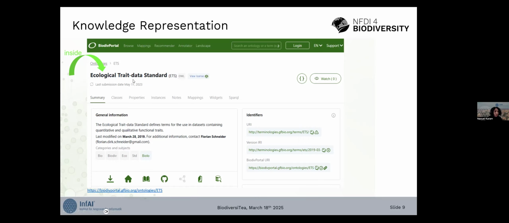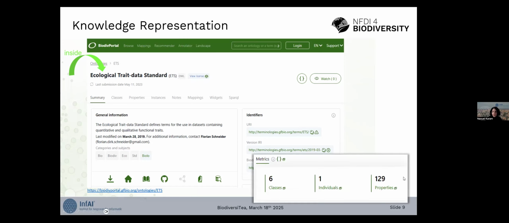The ecological traits data standard is one of the ontologies in the BioDiv portal. And you can see here all the metadata information about the ontology itself. You can download it. You can see the link to the documentation, to the GitHub repository, as well as the reference paper.